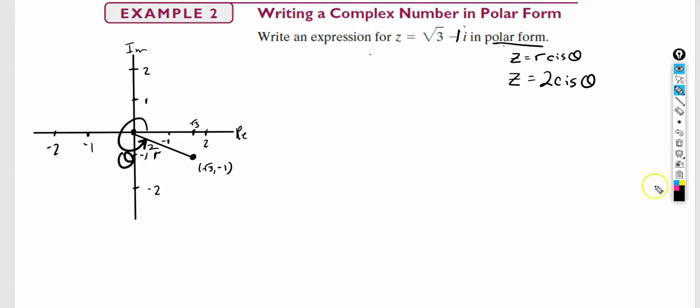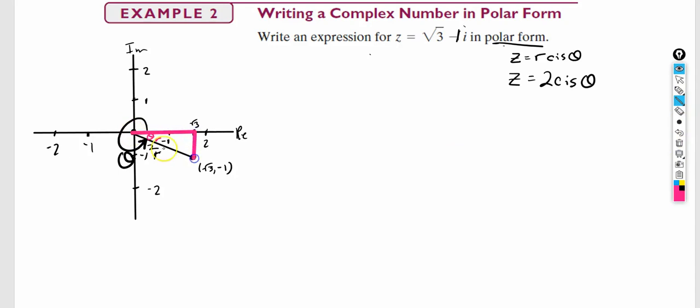And now to find theta, I'm going to draw a right triangle made from this reference angle. So that's our reference angle for theta. If I know the reference angle, then I can get theta, because theta will be a full revolution, which is 2 pi minus your reference angle.